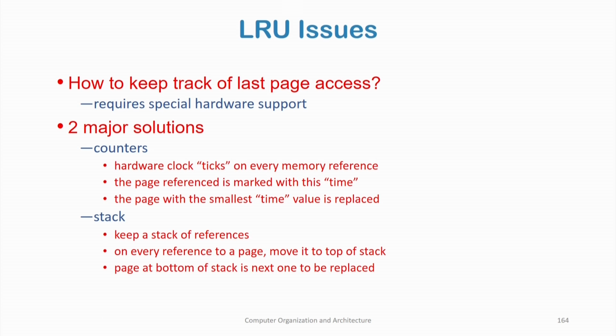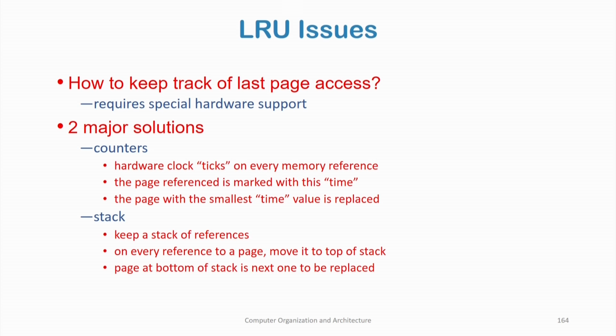Because at each point in time, for each page in the physical memory, I have to keep when it was accessed, because I am replacing the page which is least recently used. So, I need to know among all pages in physical memory which one is the least recently used.